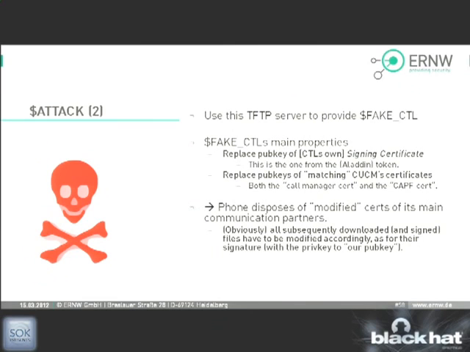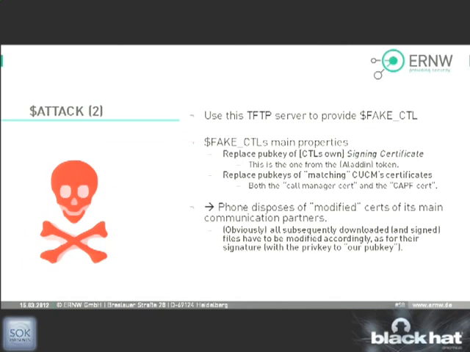Just replace the public key with some public key you also know the private key to. And also replace the public keys of the call manager certificates, the one for signing the TFTP files, as well as the one used for the CUP service.